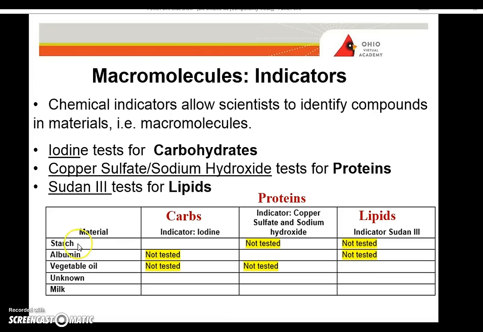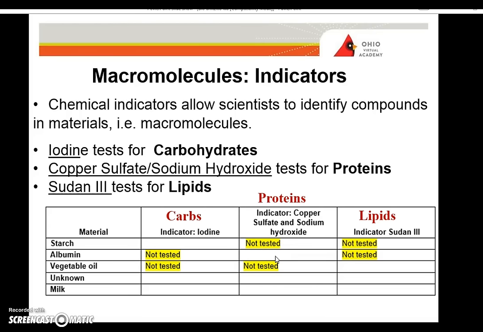Then, when we test our starch, we're actually only testing for carbohydrates, because we know it's a carbohydrate. So we're using that to say, this is what a starch looks like with iodine, this is what a positive reaction looks like. We're not testing for protein or lipids, and vice versa. Albumin, which is a protein, is where we're going to get a response.